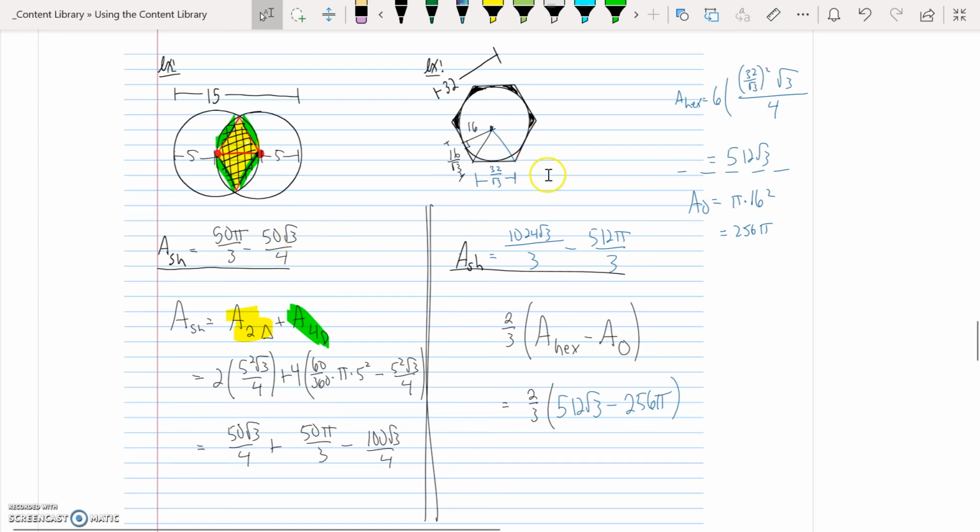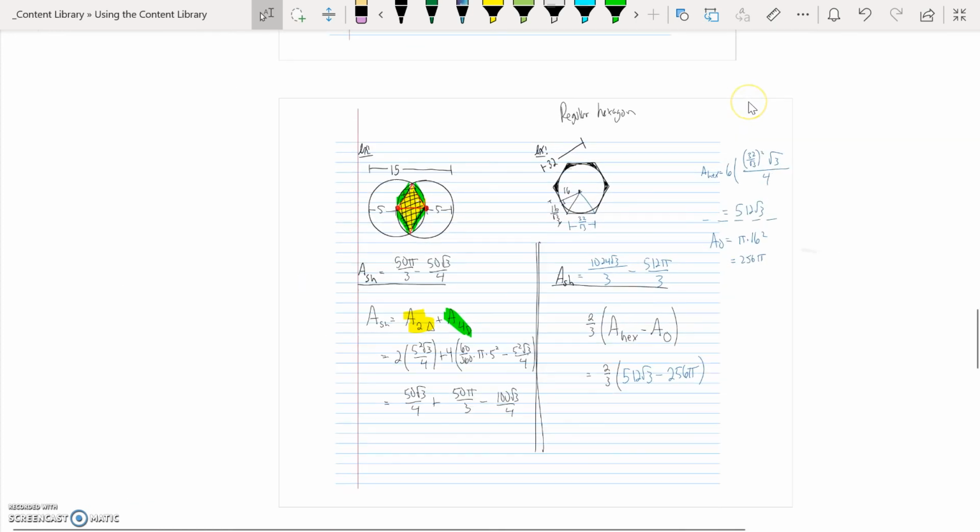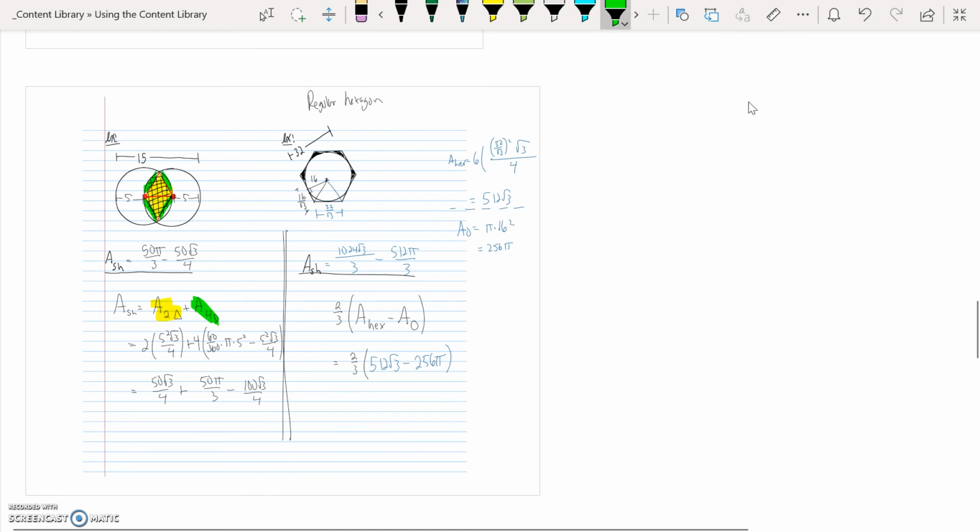The next one, to find the shaded region, we're going to take the area of the hexagon minus the area of the circle, but only 4 out of those 6 regions are shaded, so it's 2/3 of the hexagon minus the circle. The area of the hexagon I have up here. Nice thing about a hexagon is it's a very special shape. It is made up of 6 equilateral triangles.